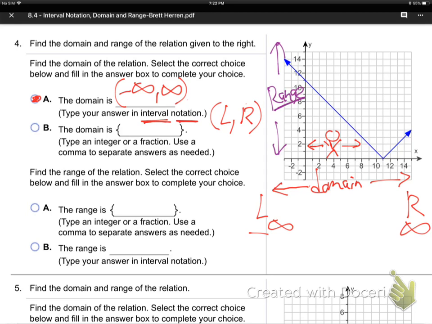Again, this is like a little person that can walk on the wall, walking up and down the y-axis. How far up, how far down can you go and see graph? And instead of left, right, we're going to give the range as bottom, comma, top. And it has to be in that order.